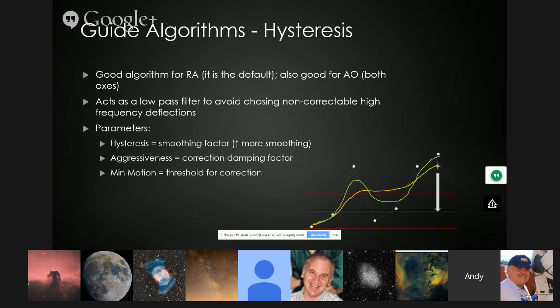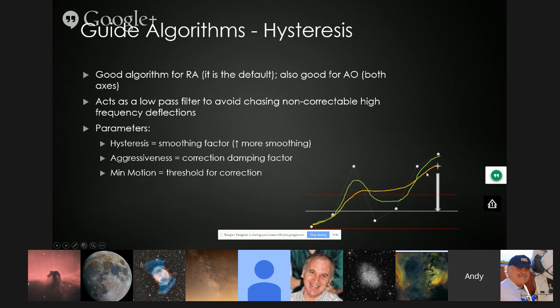On the RA axis, the default is the hysteresis algorithm, and that's basically a smoothed exponential average of the offsets over time. So on this graph in the corner, on the RA axis, if these points represent your offset relative to that axis, PHD is maintaining a smoothed average.